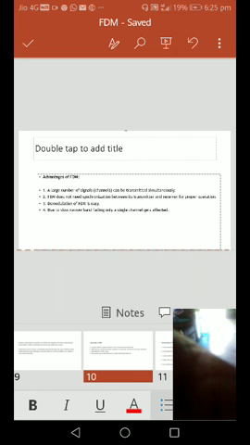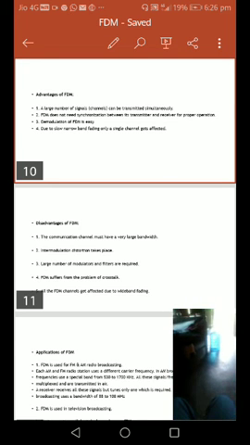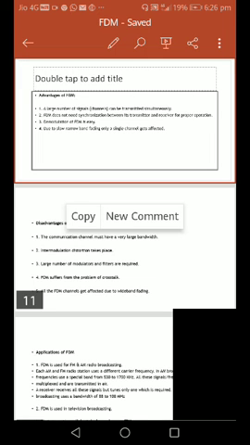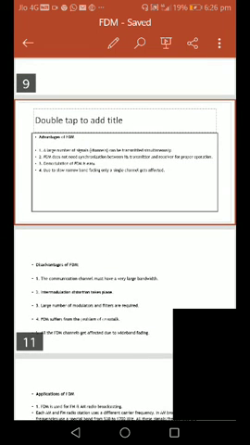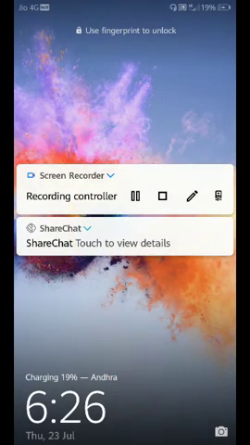The advantage of FDM is the demodulation of the signal: FDM is easy to demodulate.